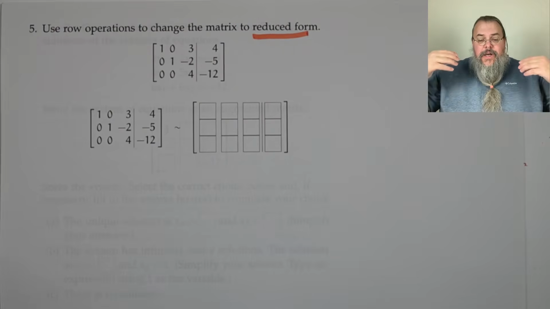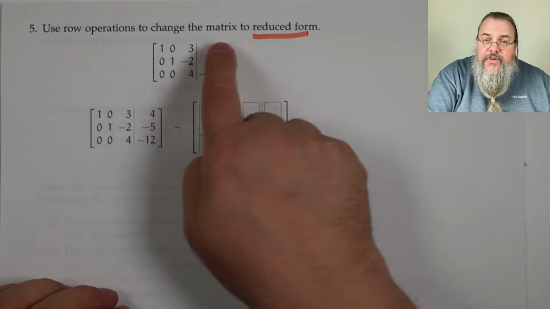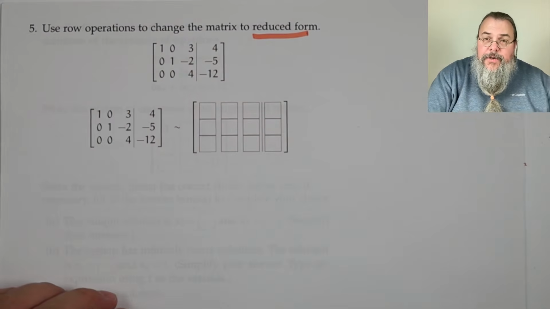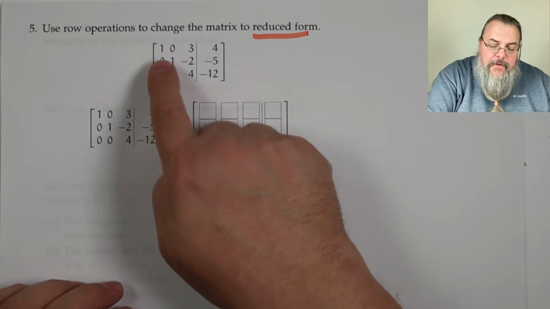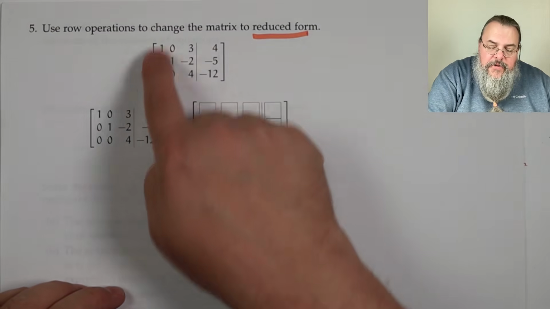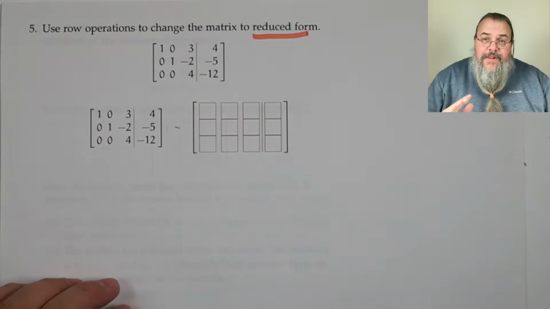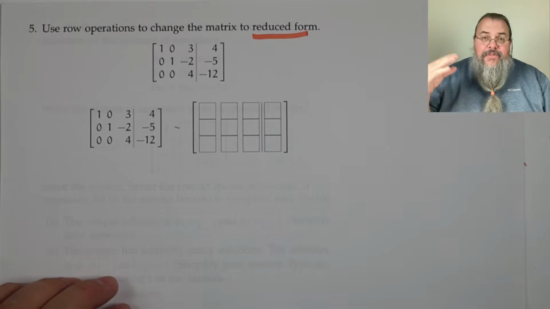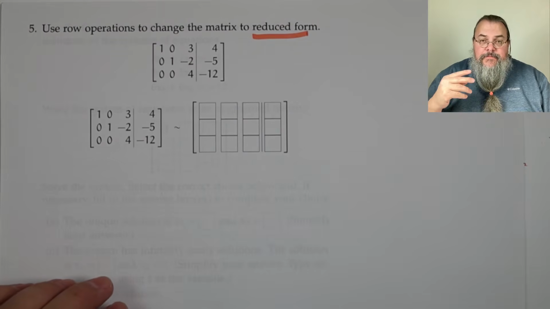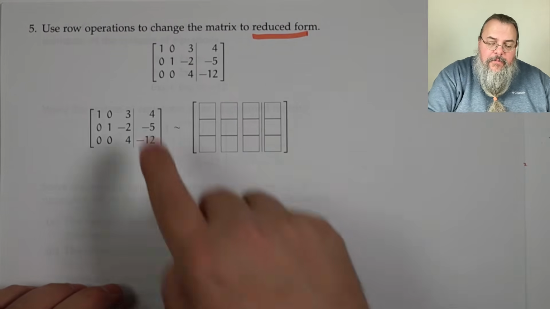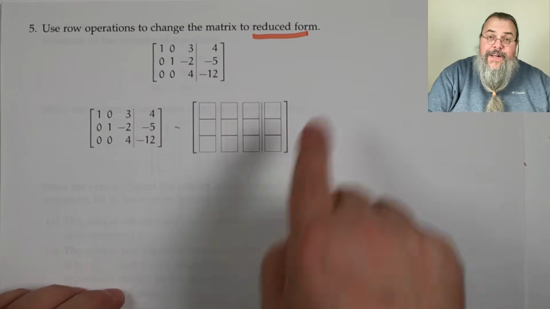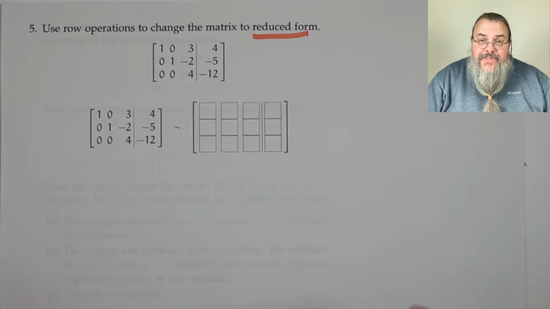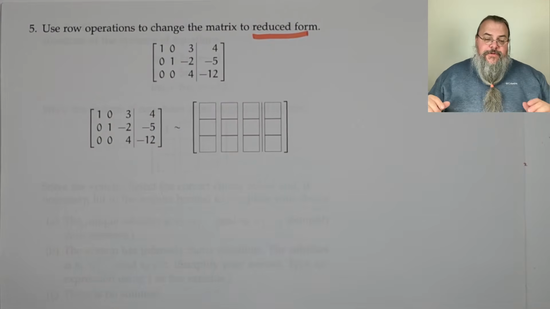Essentially, I want to make sure the first entry that's non-zero is a 1. If I have a first entry that's a 1, everything else in that column has to be knocked out. Everything else is a 0. And the third thing is the 1s that are the first ones keep moving to the right as I go down. That's reduced form. That's what we're shooting for.